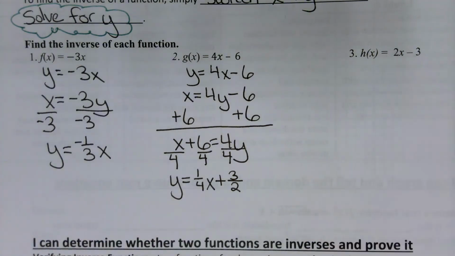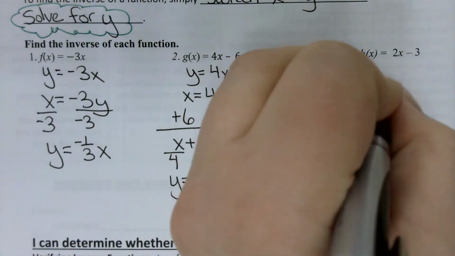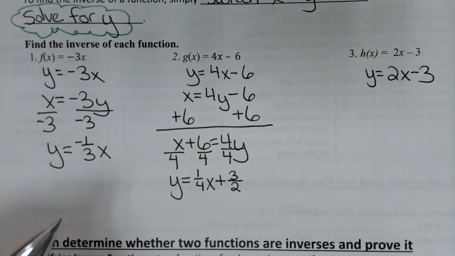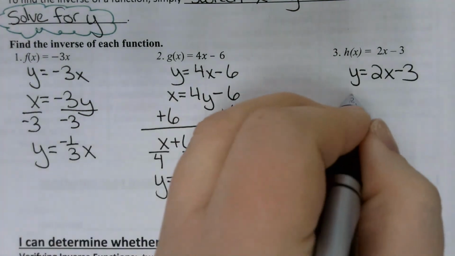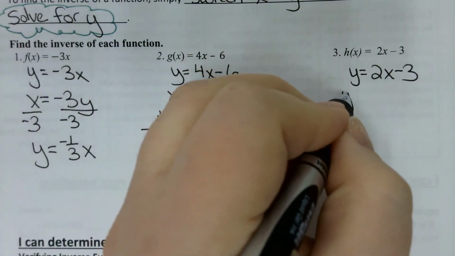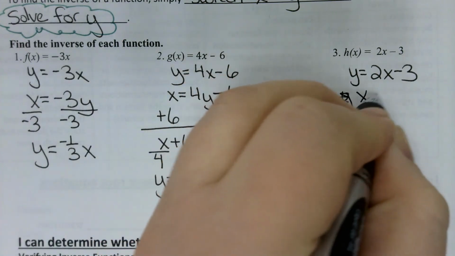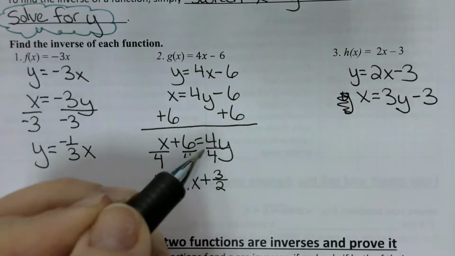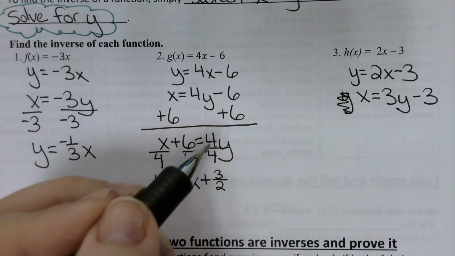Let's take a look at h of x. First step, rewrite it with a y. Switch x and y. And then we have to solve to get y by itself.